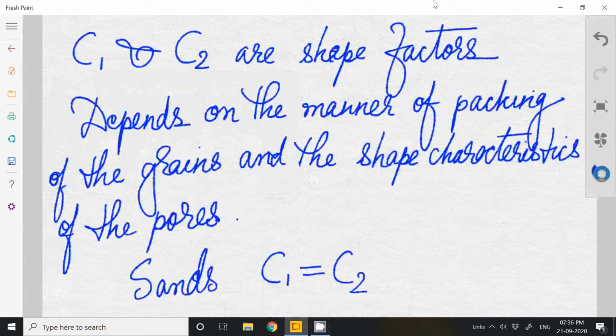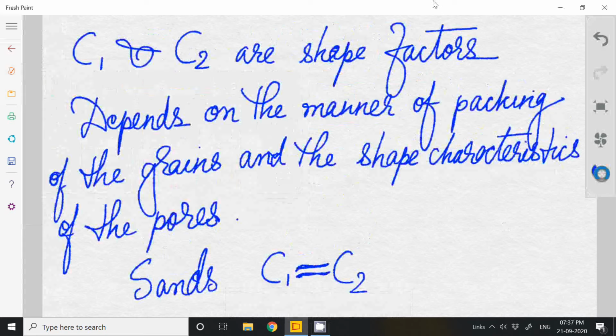Whenever you make some changes in a soil, the C value does not change that much. Initially the C value is C1, and finally it is C2, but for sands the values do not differ much. The values vary only slightly, so we take them as equal.